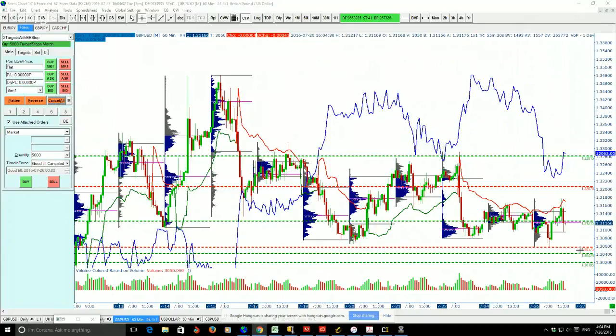Now for me, if you're a range trader, then this is great, right? So you basically come down to the bottom of the range, you've gone all the way back up to the top of the range, you come all the way back down to the bottom of the range, and now you look like you're coming back up again.